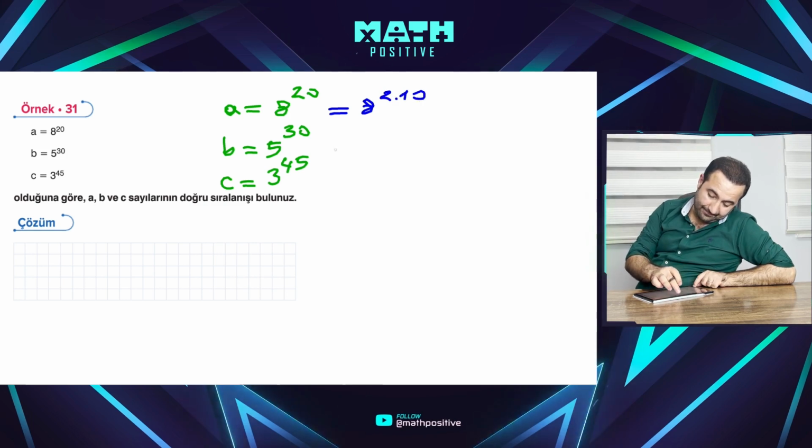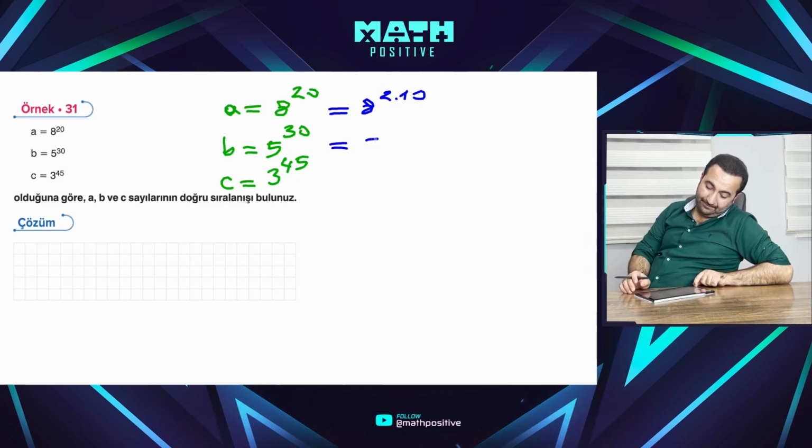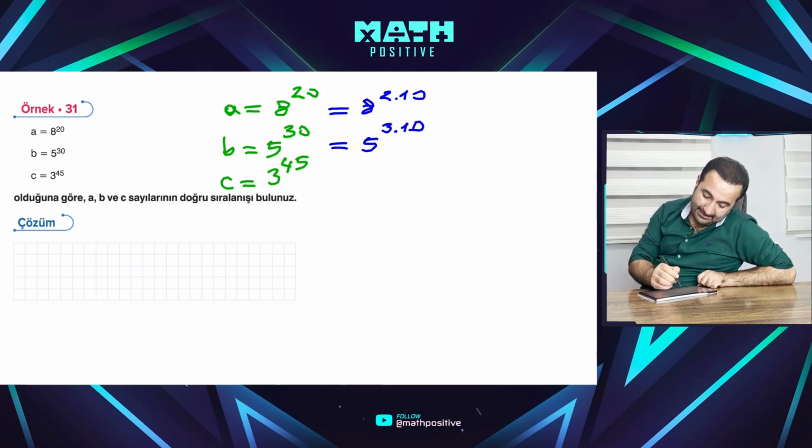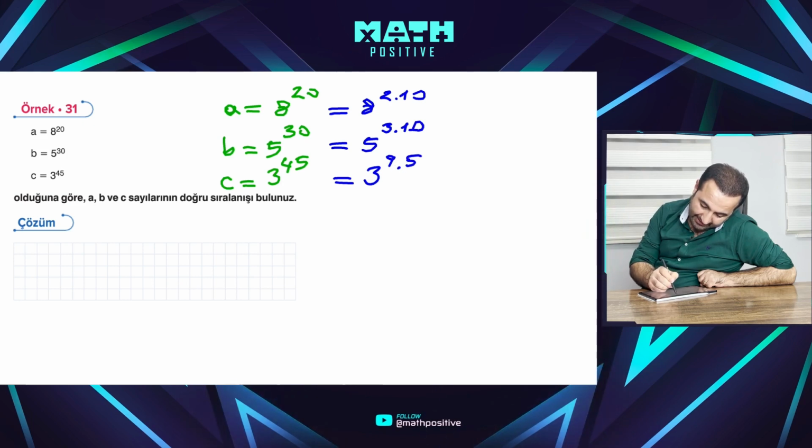Let's write this as 8 to the power 2 times 10, B as 5 to the power 3 times 10.